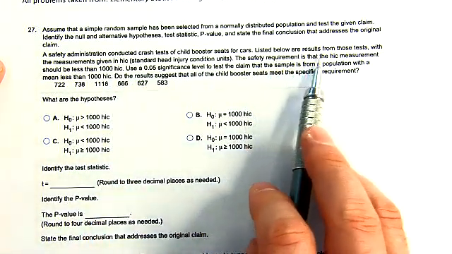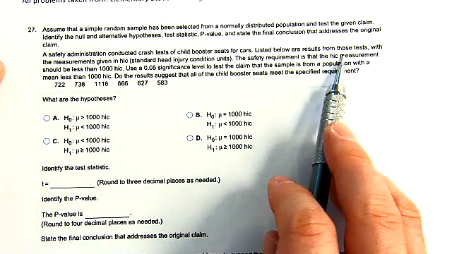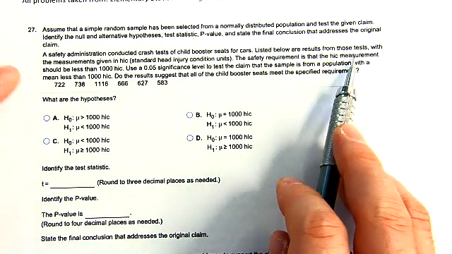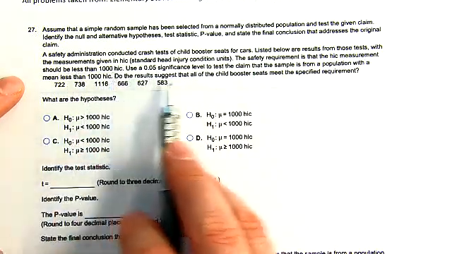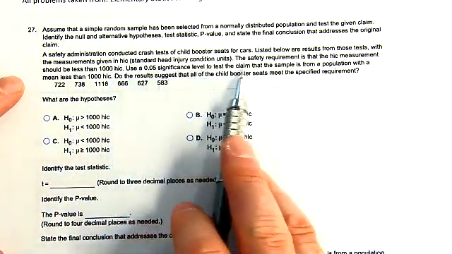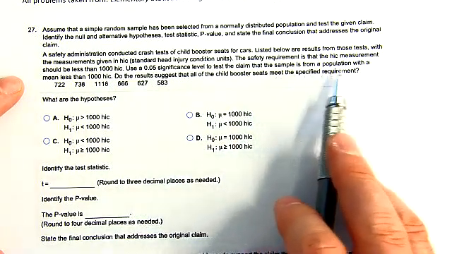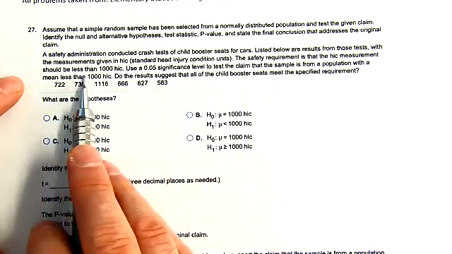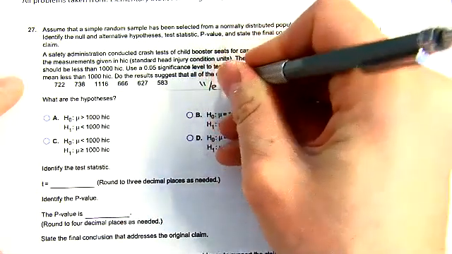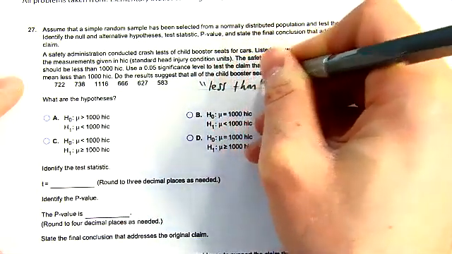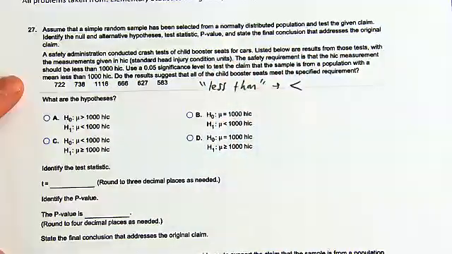The safety requirement is that the head injury condition unit measurement should be less than 1,000. Use a 0.05 significance level to test the claim that the samples from a population with a mean less than 1,000. So that word less than, when we see that, that means we're looking for the less than symbol.